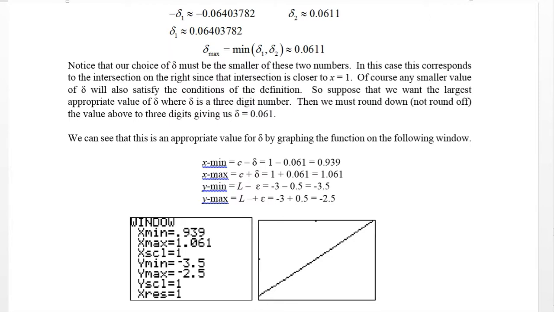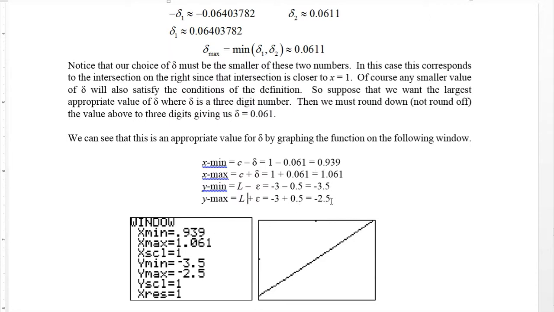X max is c plus delta, which is 1 plus 0.061, which is 1.061. The y min is L minus epsilon, which in this case is -3 minus 0.5 or -3.5. Y max is L plus epsilon, which is -3 plus 0.5 or -2.5.